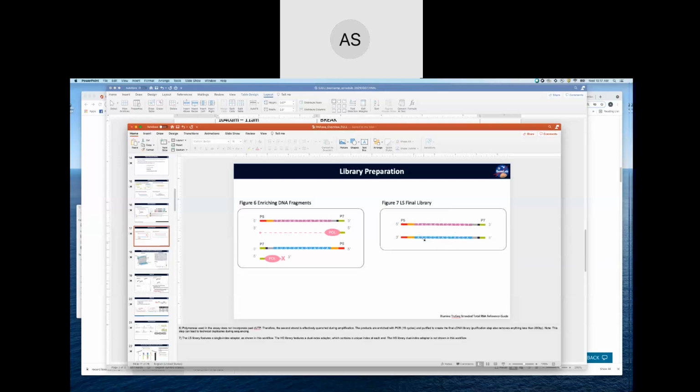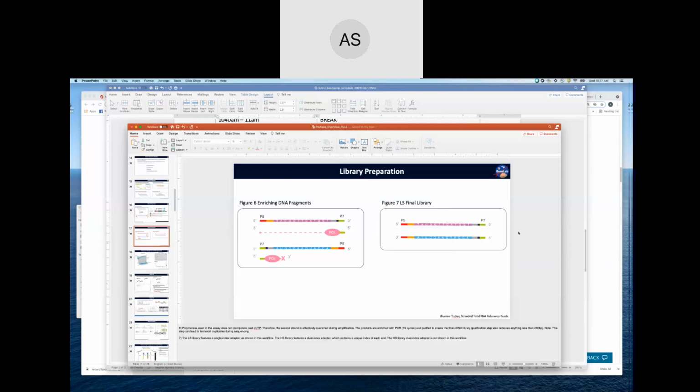Of course, when we do sequencing, as you saw from the video, it's just one strand that's being sequenced. So how we get our double-stranded libraries into single strands is they undergo a denaturation step before they're loaded onto the flow cell. Just before that, they're heated up to separate the double-stranded libraries. And so when they're put on the flow cell, we have single strands from both directions of our library.